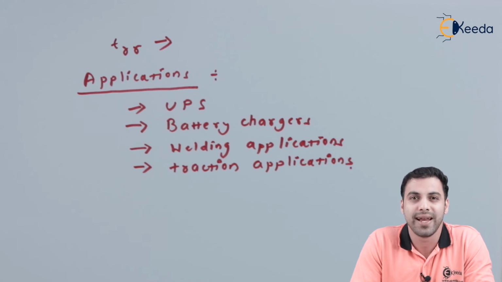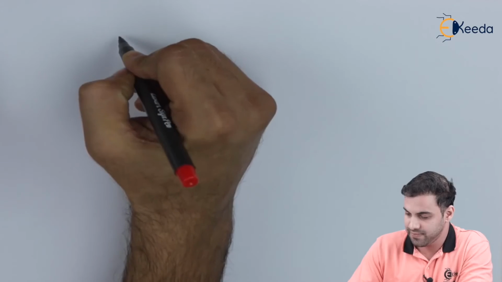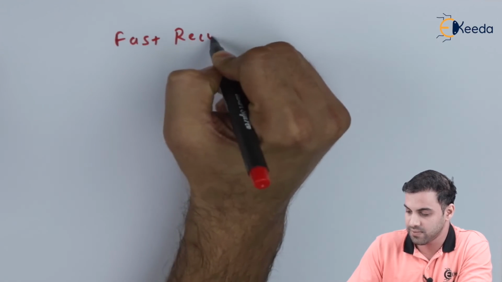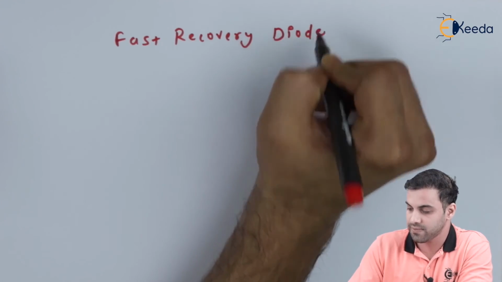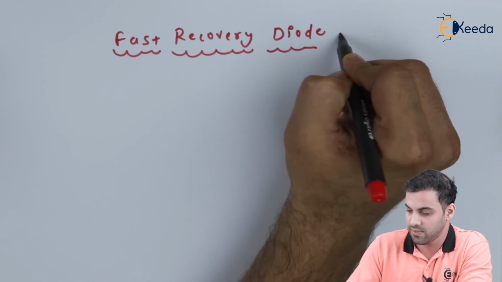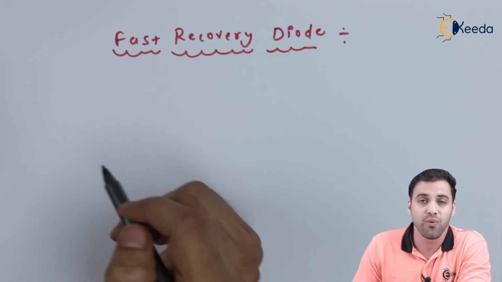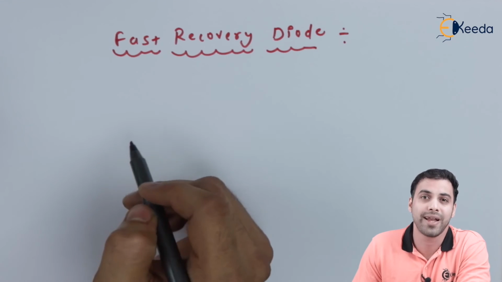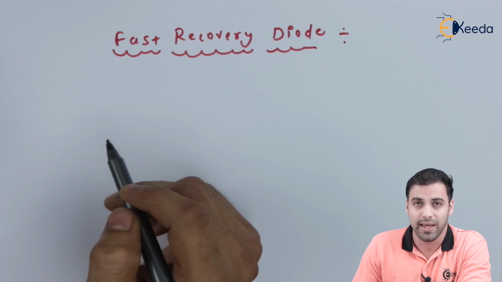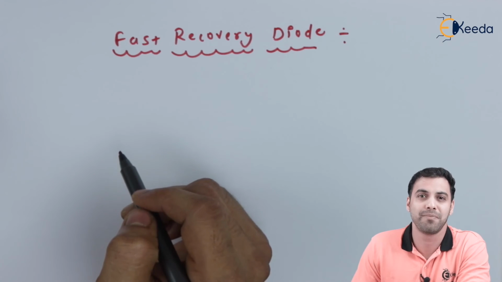So now friends, let's talk about what is a fast recovery diode. A fast recovery diode is a diode which has a reverse recovery time equal to or less than 5 microsecond.